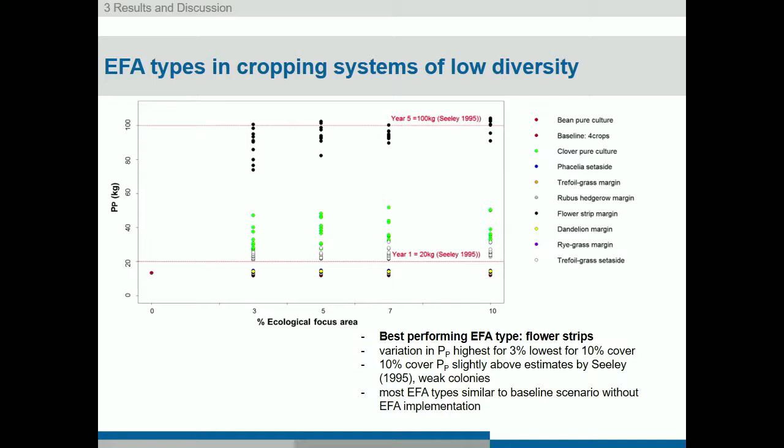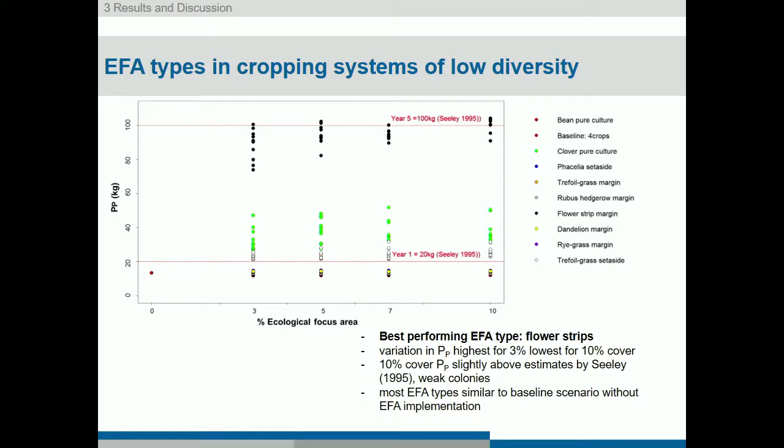We have only one ecological focus area type which slightly exceeded this threshold. This is the flower strip margins, but you see we have a high variation among the species configurations for 3% coverage, which is lower for 10% coverage.